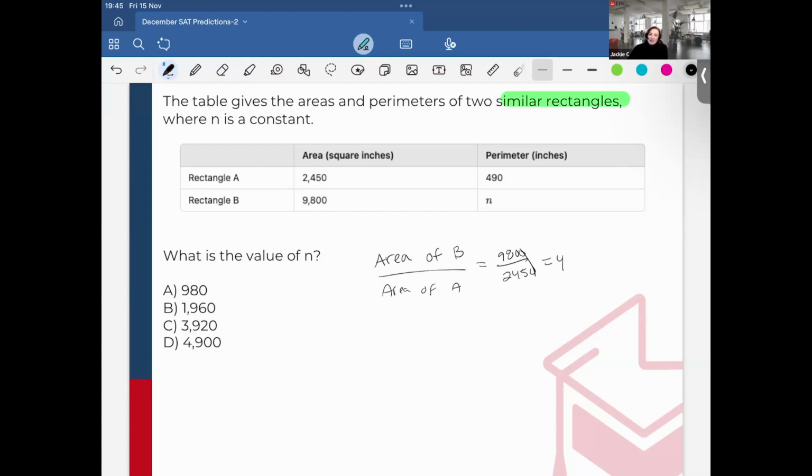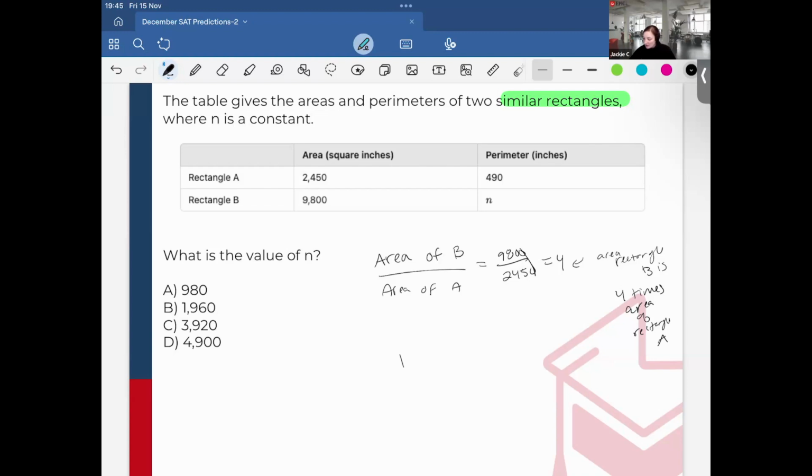Okay, so that means that the area of rectangle B is 4 times the area of rectangle A, which I think makes sense, right? Okay, but if I want to relate this to the ratio of the side lengths, since I can do this because the rectangles are similar, then I know that the area ratio is the square of the side ratio.